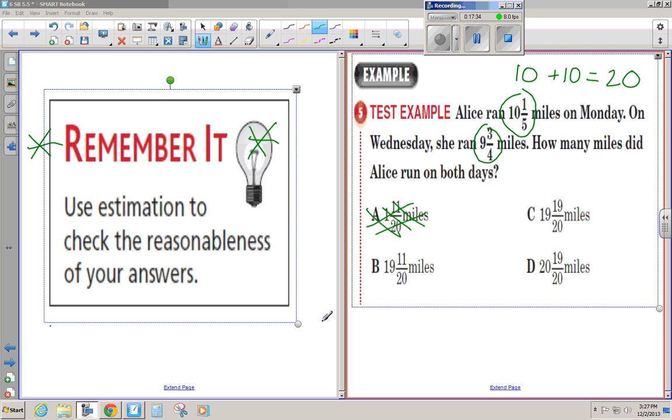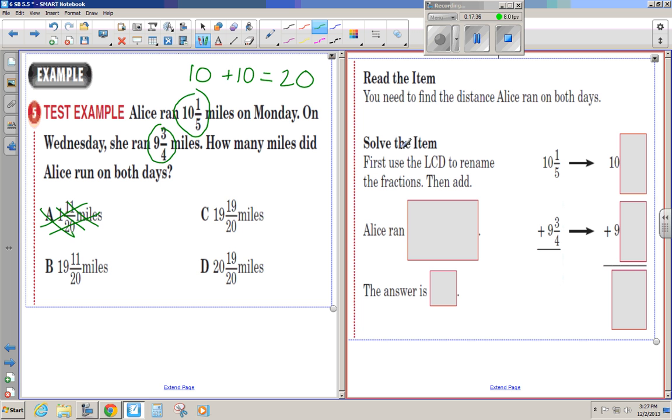So let's go ahead and set this up. First, use the LCD to rename the fractions and then add. So we're going to rename this fraction 1/5. The common denominator is 20, because if I did the whole listing of them, I would end up with 20 as the least common denominator.